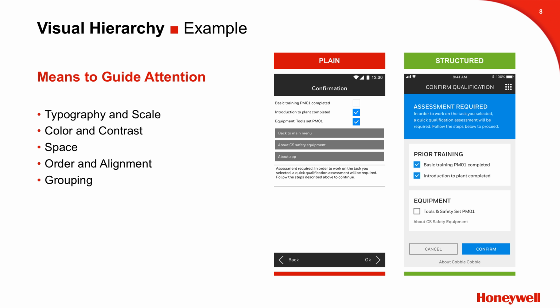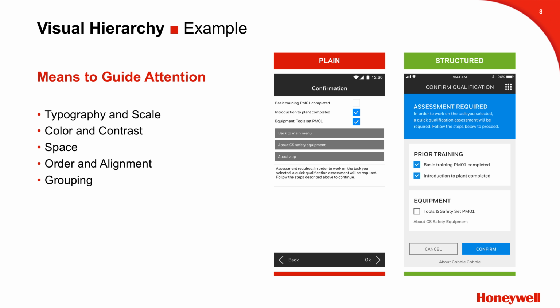Here we have two examples of screen designs. It's the same content. On the left, we have a very conventional plain Movilizer screen with just one element after the other. And on the right, we see a more structured approach in which design aspects such as typography and scale, color and contrast, space, order and alignment, and grouping have been carefully considered to make the affordances of the screen context much easier to understand.